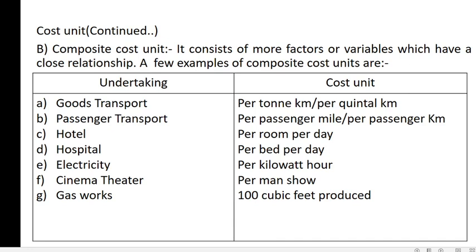In a passenger transport company, it will be per passenger mile or per passenger kilometer. In a hospital, it can be per bed per day. In a cinema theater, it can be per man show. Here what we see is these cost units consist of more factors or variables which have a close relationship. So these are the composite cost units.